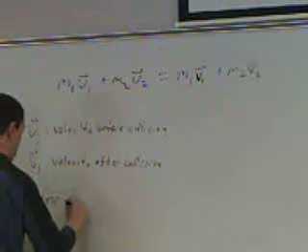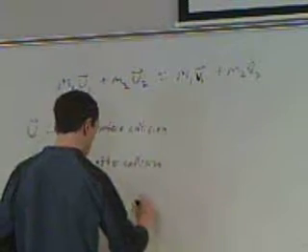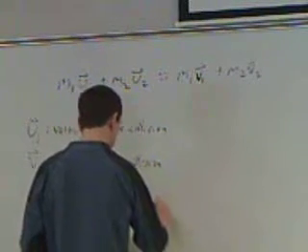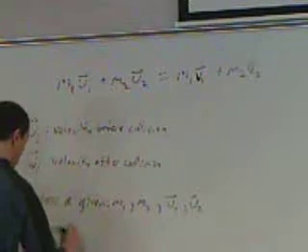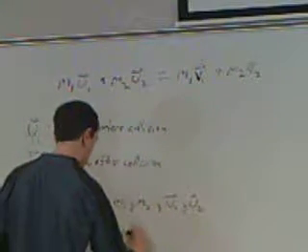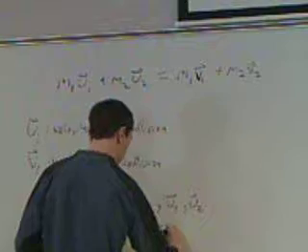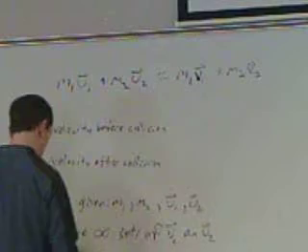Now, for given m1, m2, u1, u2, there are infinite sets of v1 and v2 that will satisfy this.